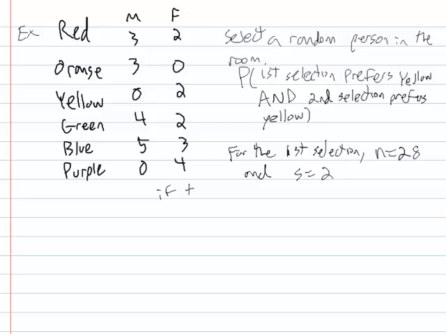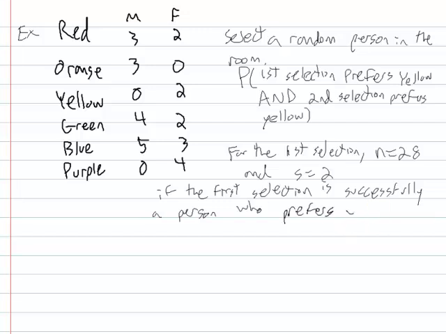But if the first one is successfully a person who prefers yellow, then for the second selection, the sample space has been reduced.